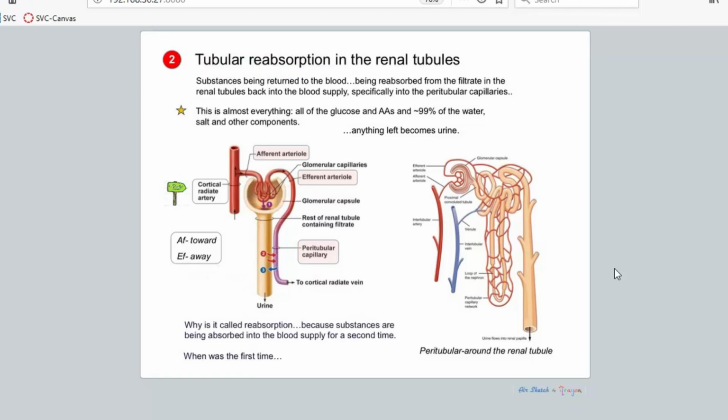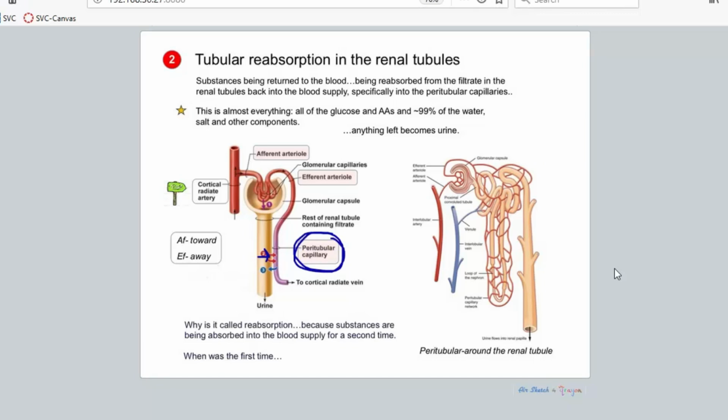And what tubular reabsorption refers to is returning things to the blood. So we just took things out of the blood in the filtrate. Now we're going to return them to the blood. And specifically, we're going to return those into another capillary bed called the peritubular capillary bed here.